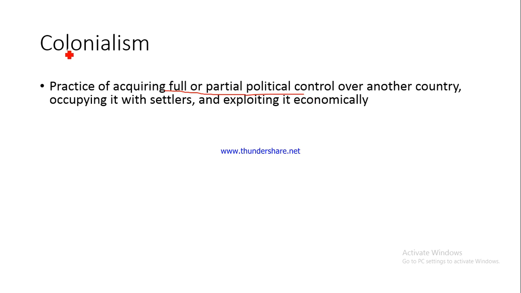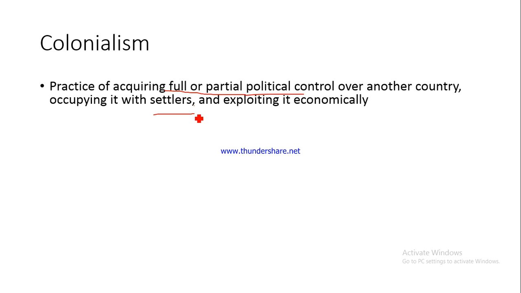And then this country, the country which has acquired political control in the colony, will occupy the colony with its settlers. So it will bring people from its home country and then try to settle them in the colony, right? And that is where the word colony has come up from.